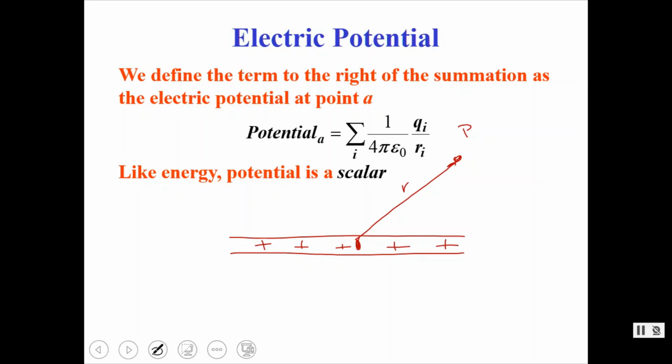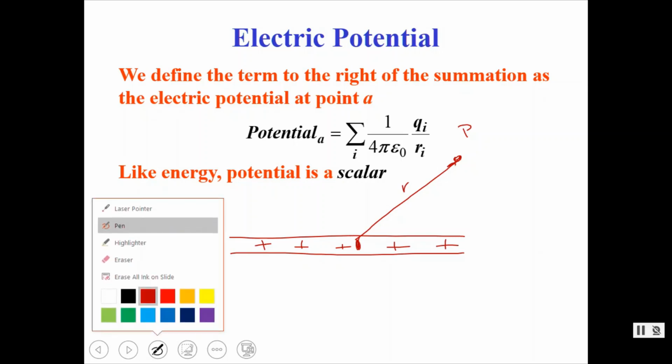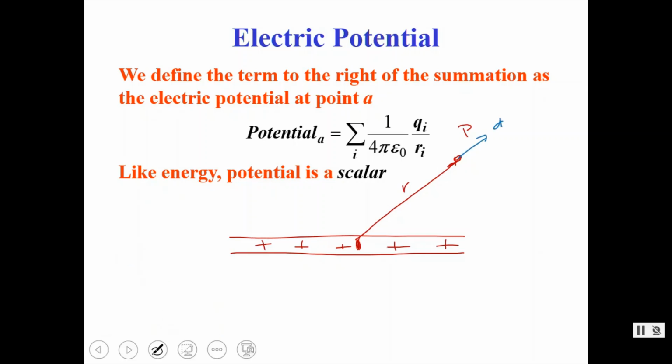But when we did this with the electric field, the electric field was a vector. So I found a little dE due to that little portion of charge, and then it had a dEx and a dEy, and depending on what point I picked, I could have both x and y components, or just an x component, or just a y component.